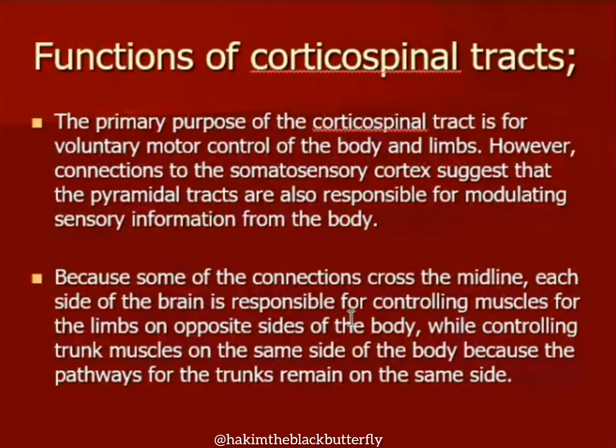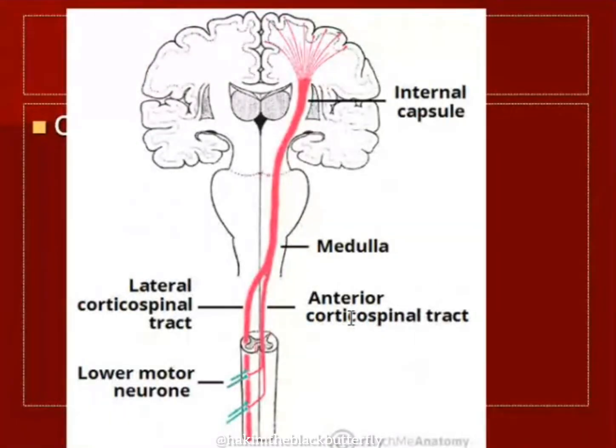Trunk, I'm talking about thorax, abdomen, pelvis. That's the trunk. So the motor neurons which you are seeing are decussating, because most of them cross. Even when they go to the level of the spinal cord, they cross. But there are a few that remain that don't cross at all.